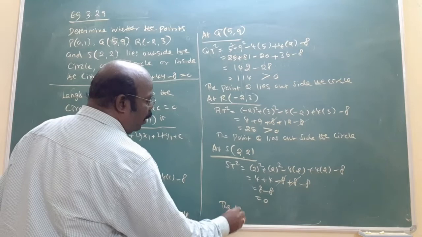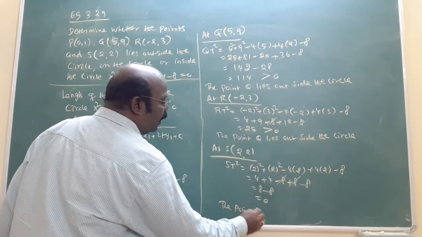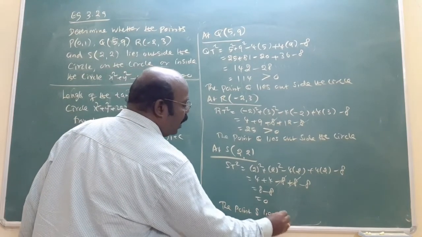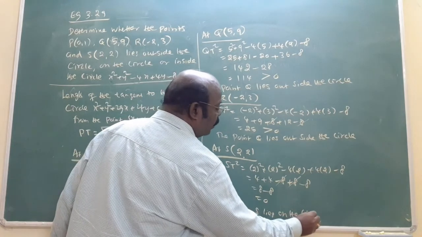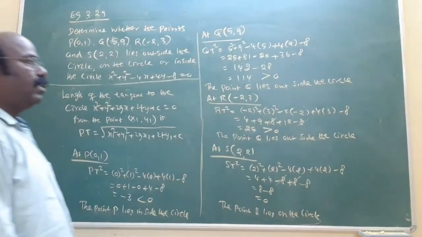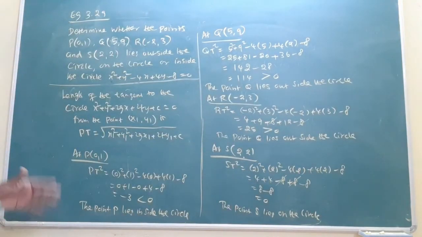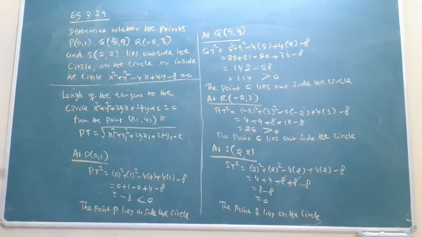The point S lies on the circle. That's all. In the exercise problem only 3 points are given. In the exam question, an important 5 mark question, 4 points are given. Consider them 1 by 1, that's important. The same rule, but 1 by 1. That's all.